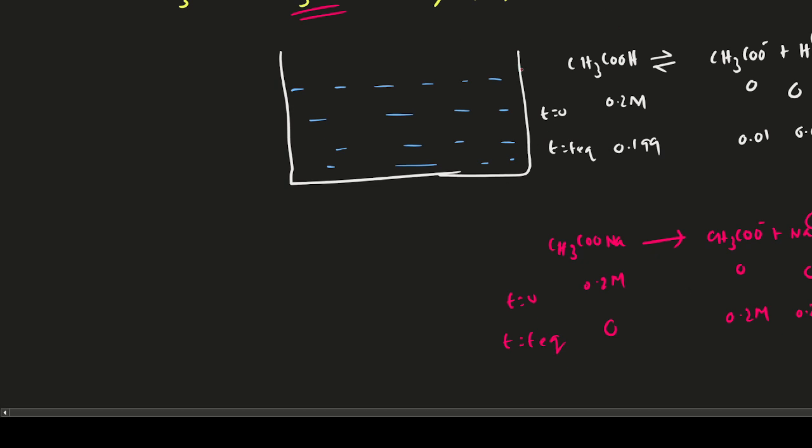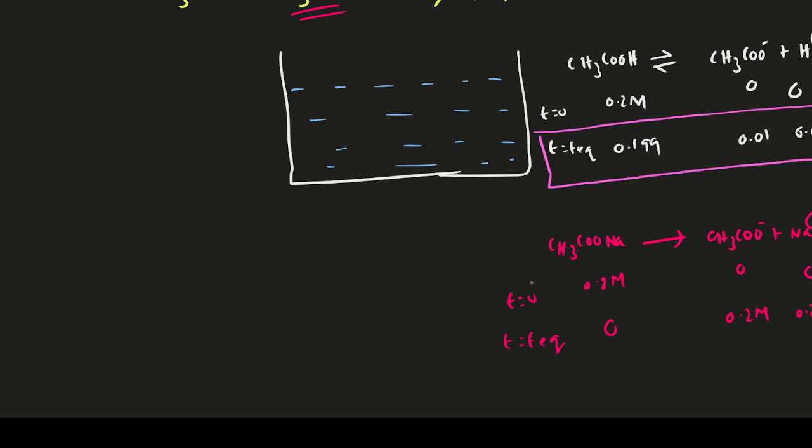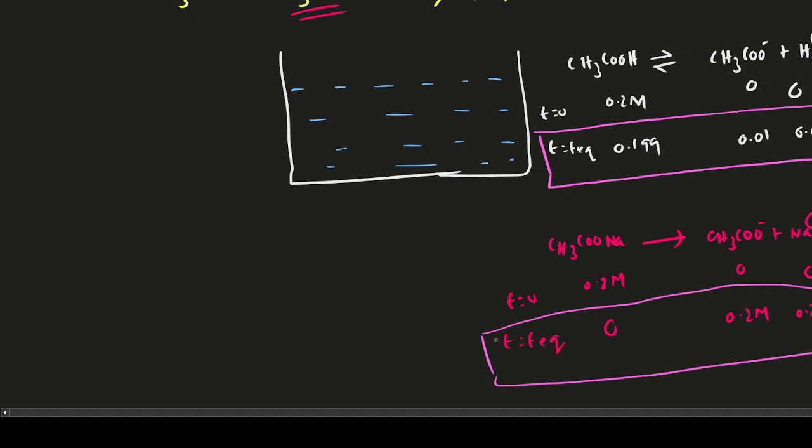So in the solution, CH3COOH is present, CH3COO minus is present, H plus is also present, and Na plus is also present.